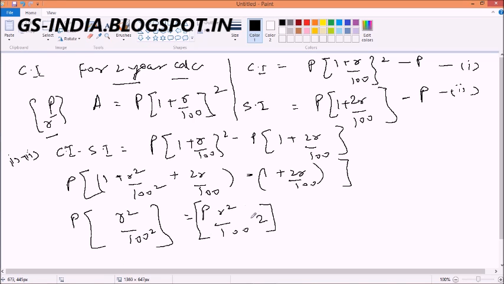We can just learn this formula, and it can be very beneficial to us. And after some amount of time, when you are in the habit of practicing this, you will find it much easier.